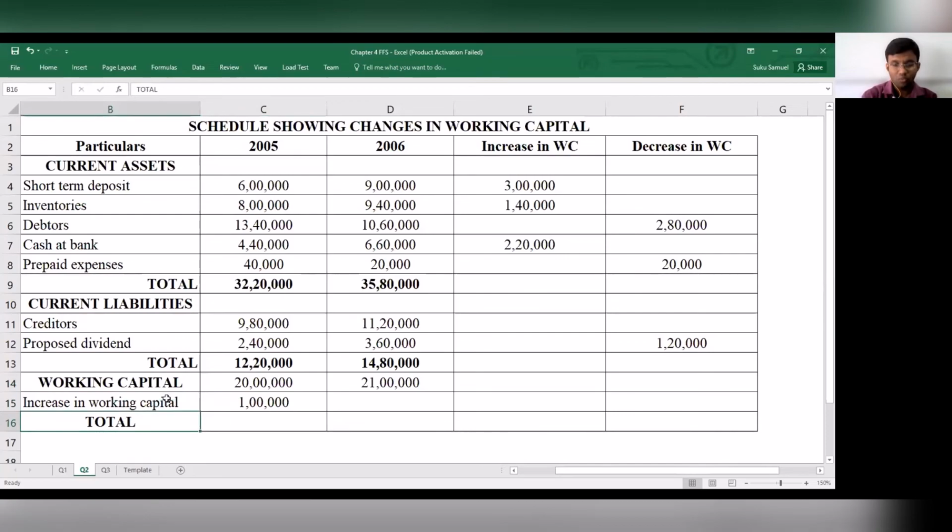Working capital has increased by 1 lakh. So the total across the 2 years is 21 lakh here, and here also it is 21 lakh. With that note, dear students, we have completed the preparation of the schedule showing changes in working capital.